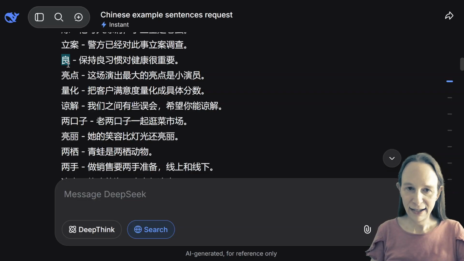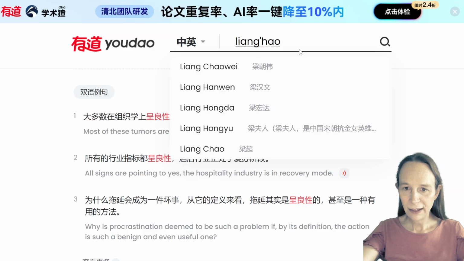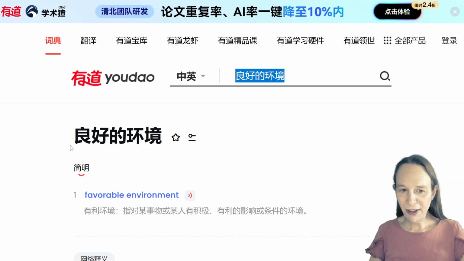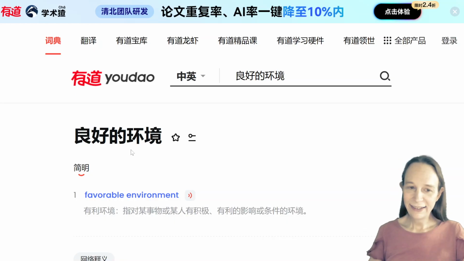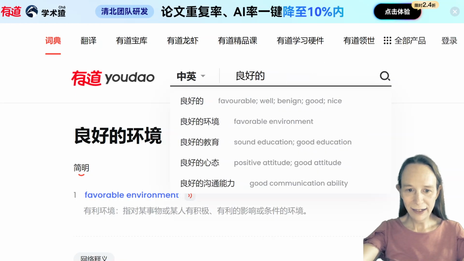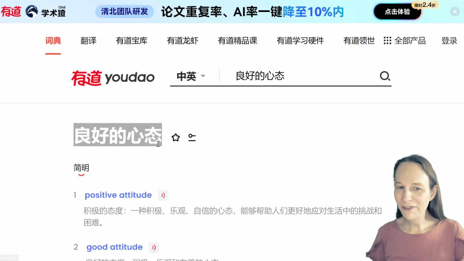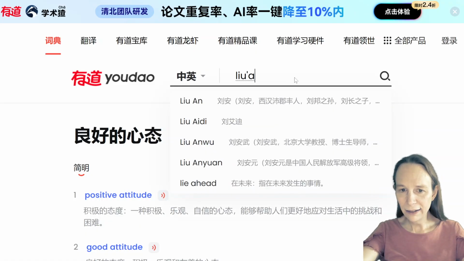All right, so 良好, 良好的环境, so favorable environment. 良好的环境 or 习惯 or 心态, positive attitude. So this has beneficial effects. The other one is 良久.